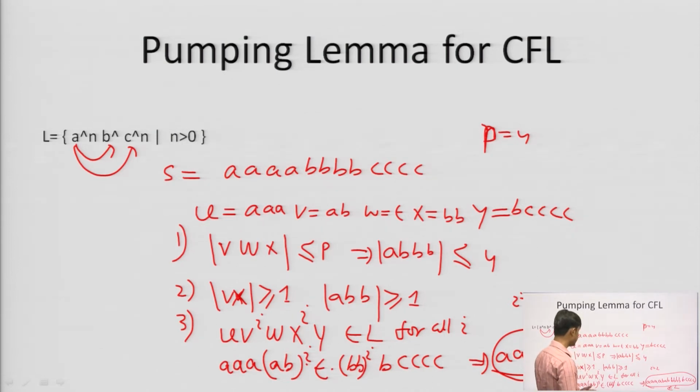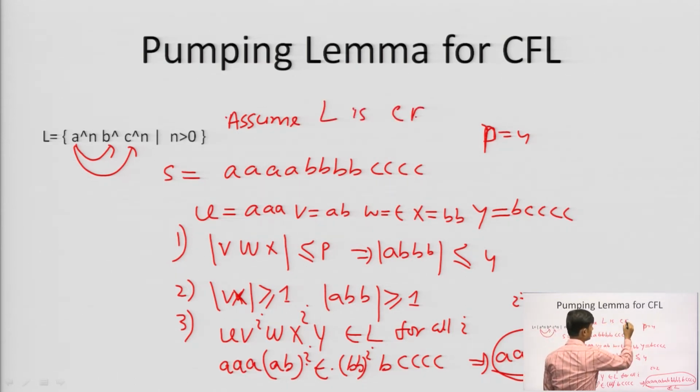So, the pumping lemma is saying that u v to the power i w x to the power i y belongs to L for all i. So, here we can prove that we first assume L is a CFL, a context free language, then this should satisfy 3 properties, but we got the contradiction.